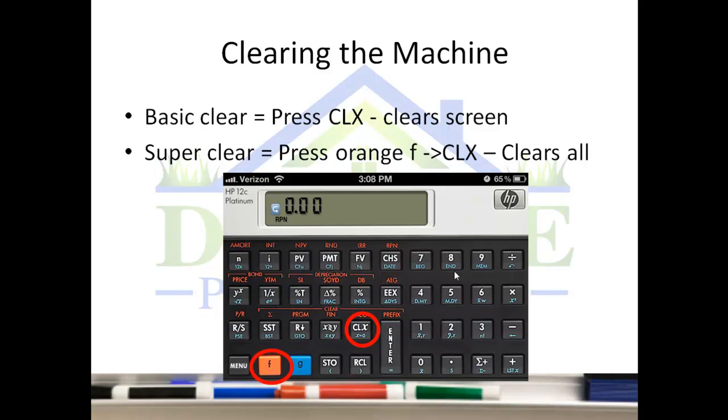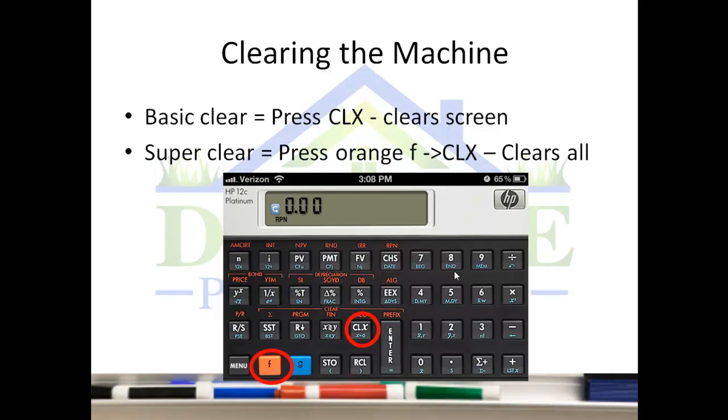On the HP12C, there are two different types of clears. The most basic clear is the CLX button, which just clears out the register. So if you meant to enter 30 for a 30-year loan and you accidentally entered 20 and you want to change it, yet you don't have it stored anywhere, hit CLX, then enter 30 and store it wherever you want to store it.